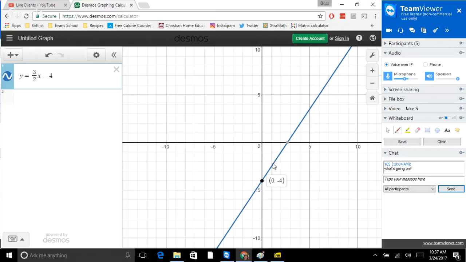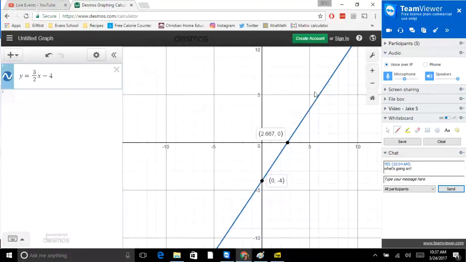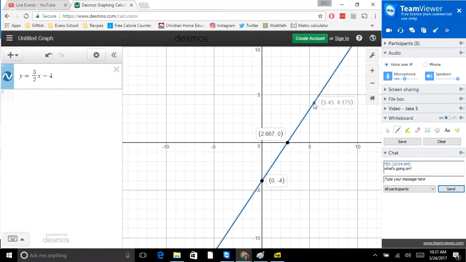And then the cool thing about Desmos is that you can drag along any point. So it looks like when x equals 2.666, which is 2 2/3, y equals 0. And when x equals, you can pick any number, when x equals 6, y equals 5.